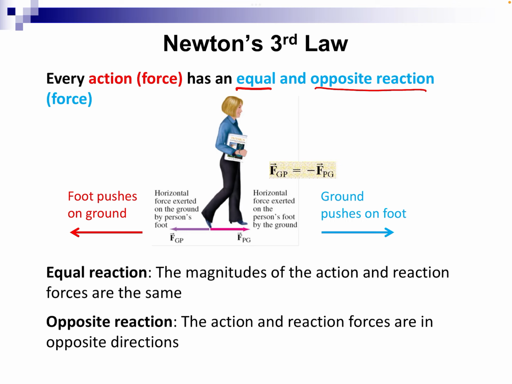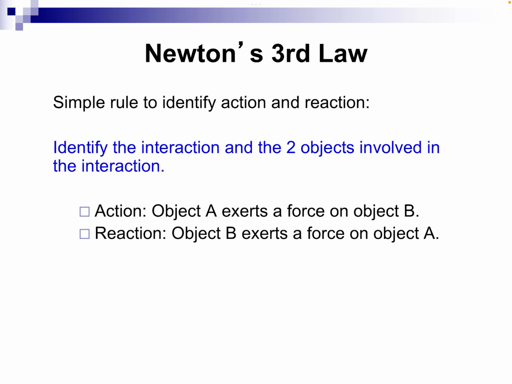Right. So in this case, the action is the foot pushing on the ground. The reaction is the ground pushing on our foot. Notice how you have the action and reaction: the magnitude is the same, but the directions are opposite. Okay, so there's a simple rule to identify action and reaction pairs.